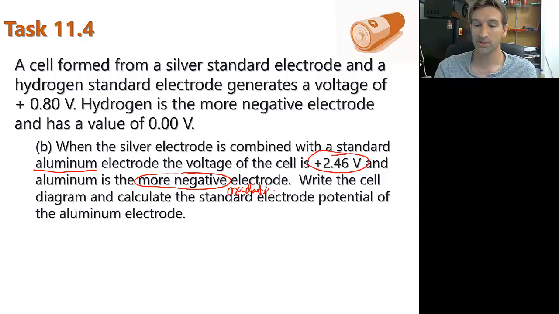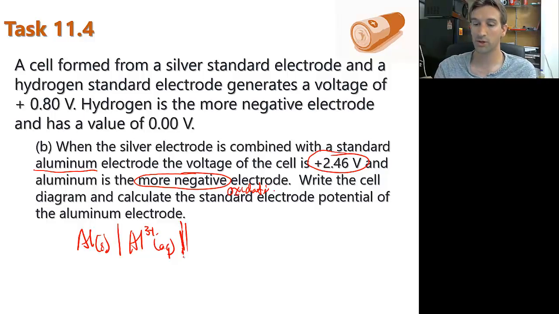So now, once again, we're going to put together our cell diagram. Since we're talking about oxidation happening in aluminum, we would begin with aluminum as a solid. It's going to turn into the aluminum 3+ ion in solution. We'll write in our salt bridge as usual. And now that I have my salt bridge, we are going to put the cathode in.